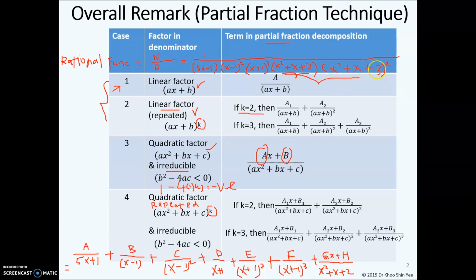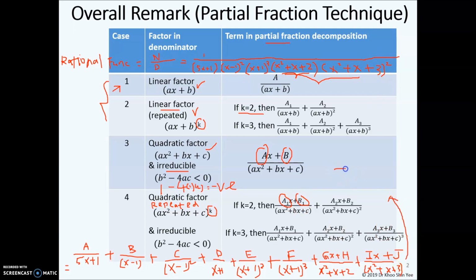Lastly, for x squared plus x plus 3 here, since it's repeated, you start from this one: Ix plus J. So I and J are the unknowns that you are going to find, these two unknowns. And it's a power of 2, so you have to continue.